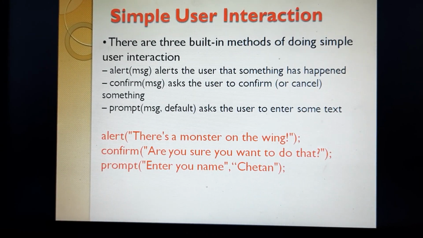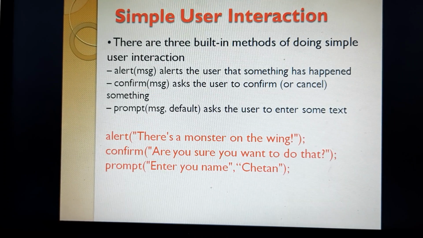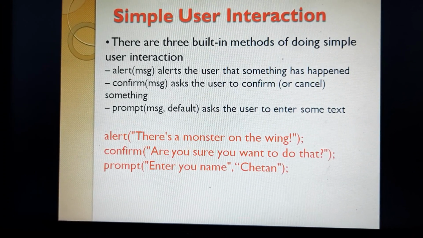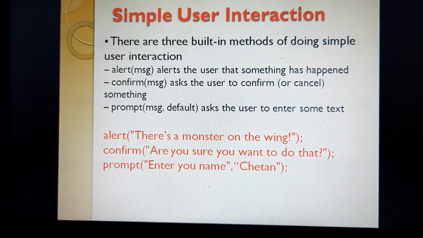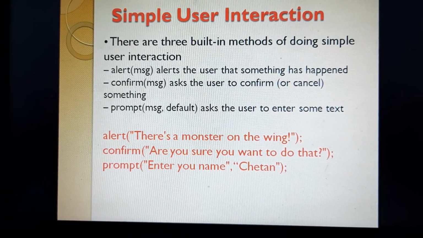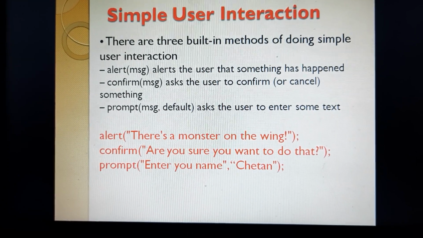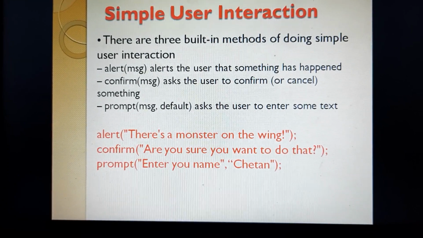It is an alert to the user that you are using a wrong method, or you are typing a wrong string, like that. It will display one dialog box which contains an OK button.